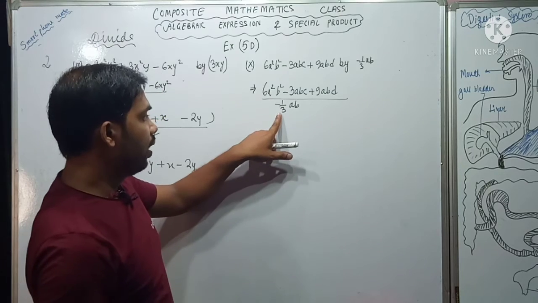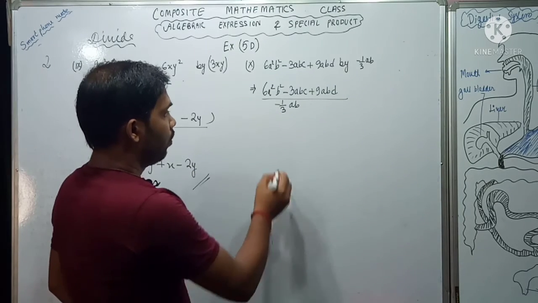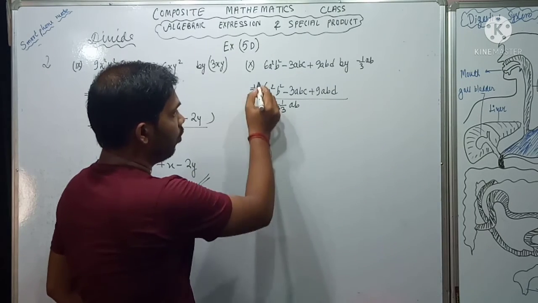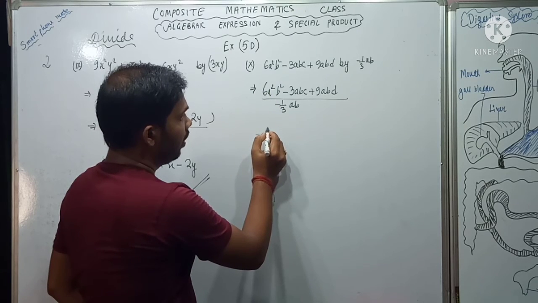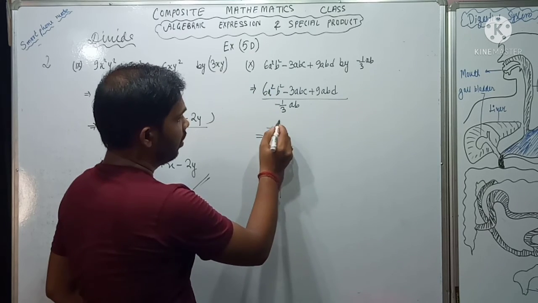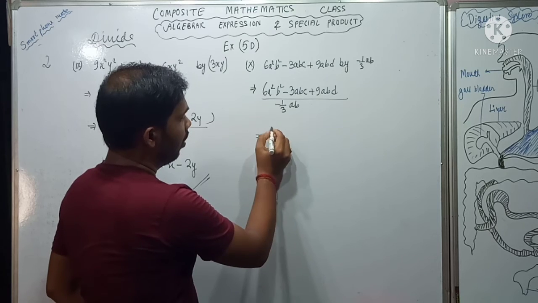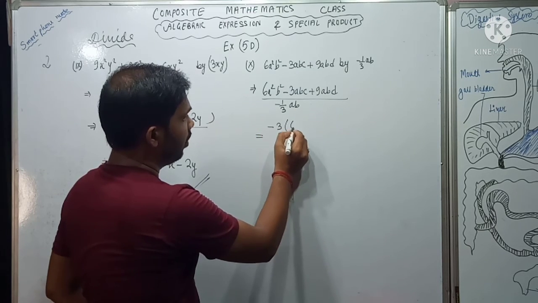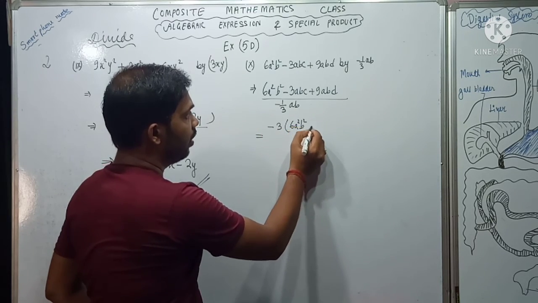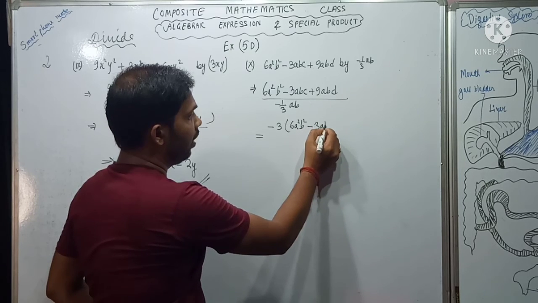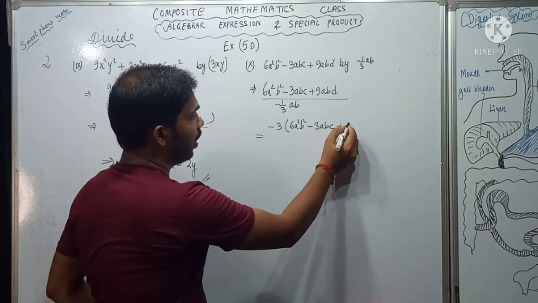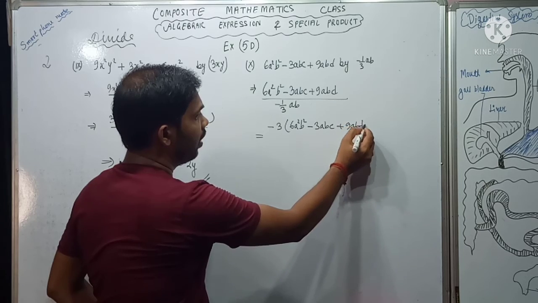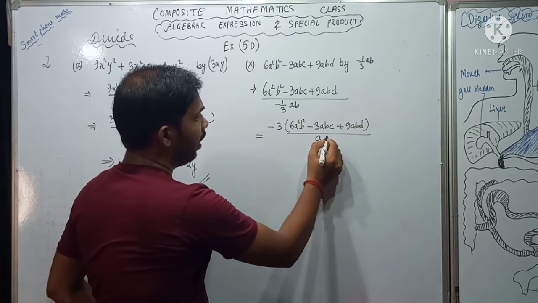Now you see this is in fraction, so this 3 will move up. So it will be minus 3 times 6a square b square minus 3abc plus 9abd by ab.